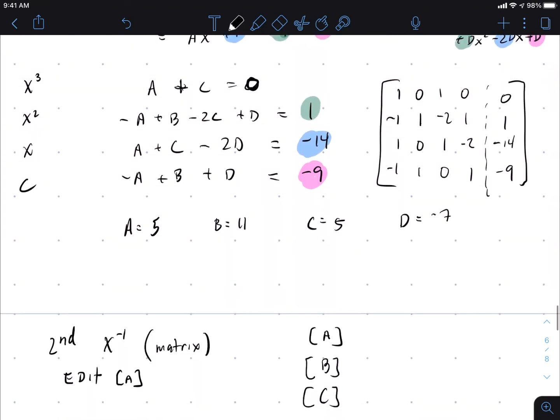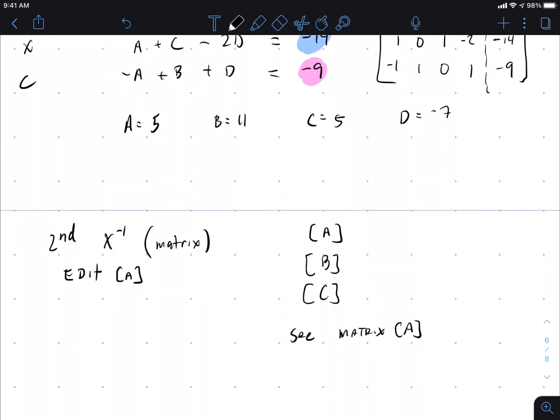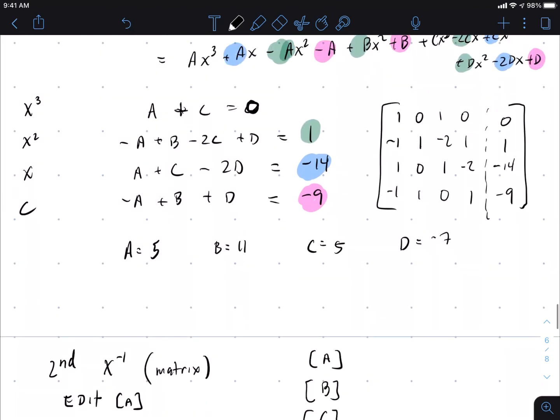So the dimensions of the matrix that we have here is a 4 by 5. You're going to make it a 4 by 5 in this case, because it's 4 rows by 5 columns. Does that make sense? So this matrix in this case is a 4 by 5 matrix, okay?